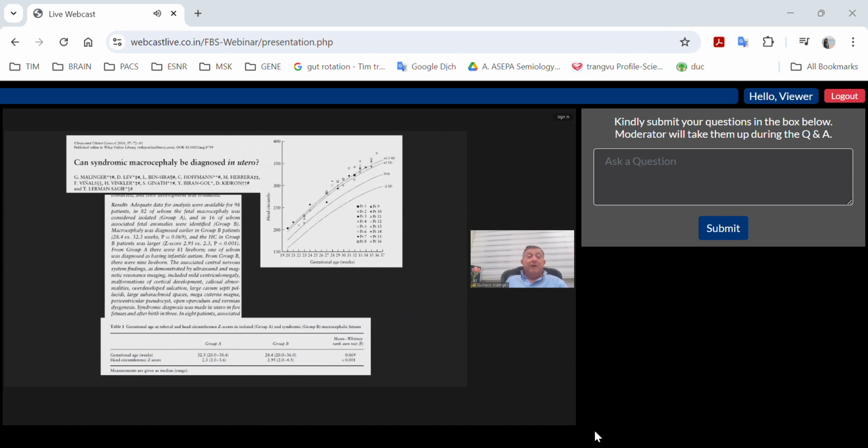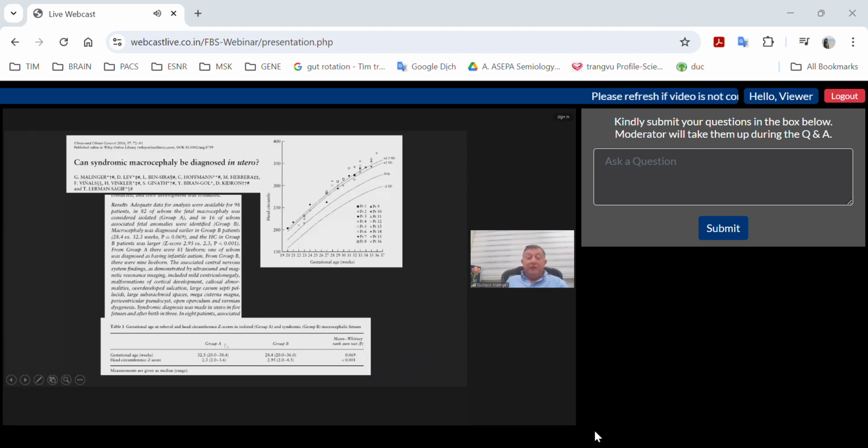Before the next generation sequencing era, we published a paper on the diagnosis of syndromic macrocephaly, and we had quite a big number of patients with macrocephaly that was considered isolated, and 60% of them had associated anomalies.